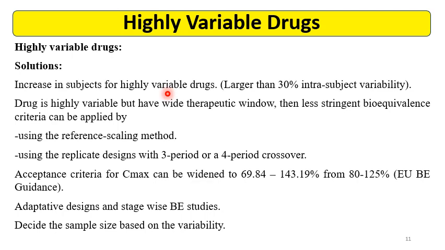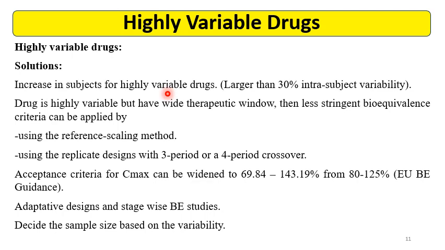It varies on a case by case basis. If there is an intra-subject variation for AUC and Cmax greater than 30%, then that drug can be called highly variable. And also remember here, the more than 30% intra-subject variability should also be there for the reference product.